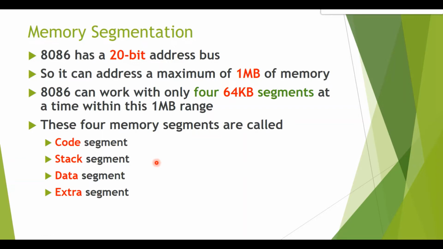Out of these 4 stack segments, only one stack segment will be active at a time. Out of these 4 data segments, one segment will be active at a time. And out of these 4 extra segments, one segment is active at a time. So we have the 4 segments that are active at a time: one for the code segment, one for the stack segment, one for the data segment and one for the extra segment.